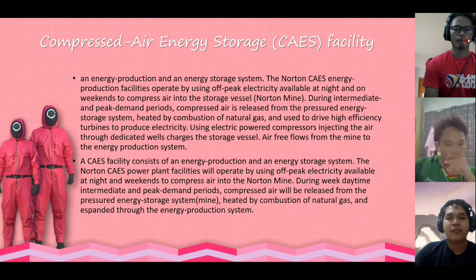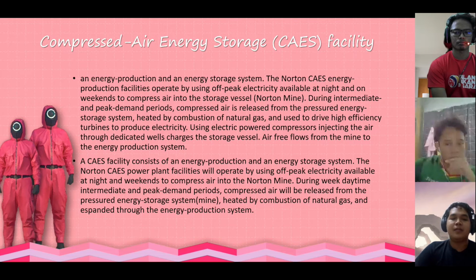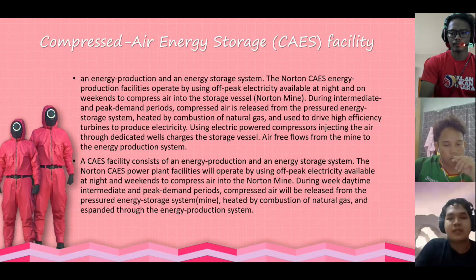Using electric power compressors, injecting the air through dedicated wells charges the storage vessel. Air freely flows from the mine to the energy production system. A CAES facility consists of an energy production and energy storage system.